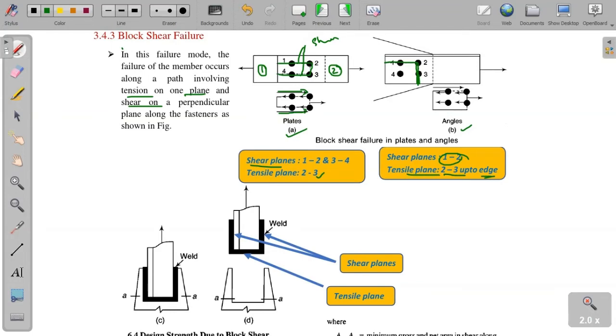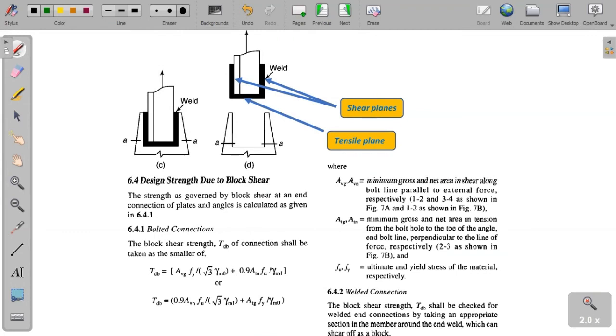Similarly, in welded connections, this is plate 1 and this is plate 2, with a longitudinal weld and a transverse weld. When it fails, it also has 3 planes: 2 shear planes and 1 tensile plane.